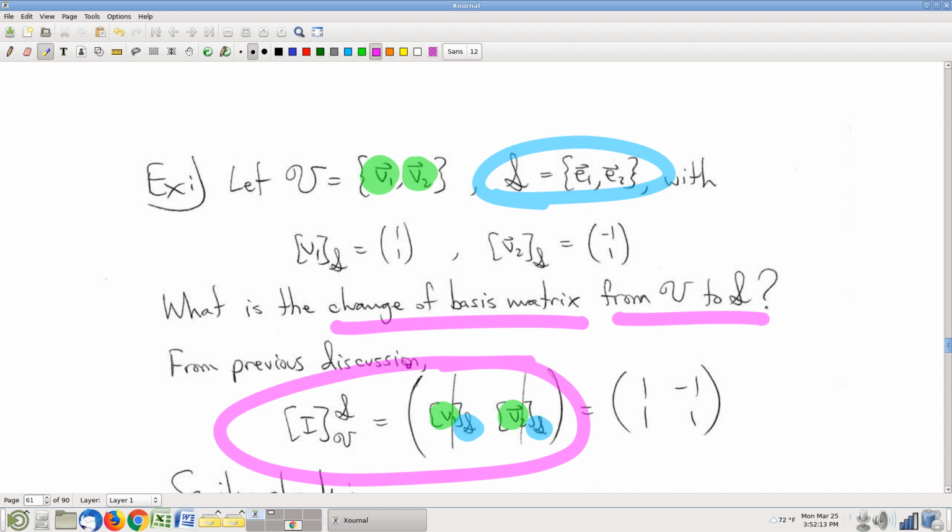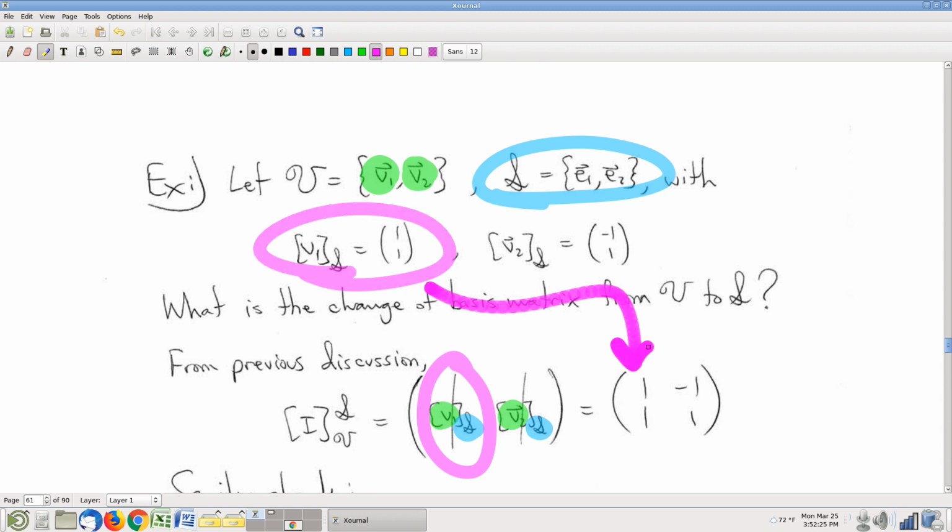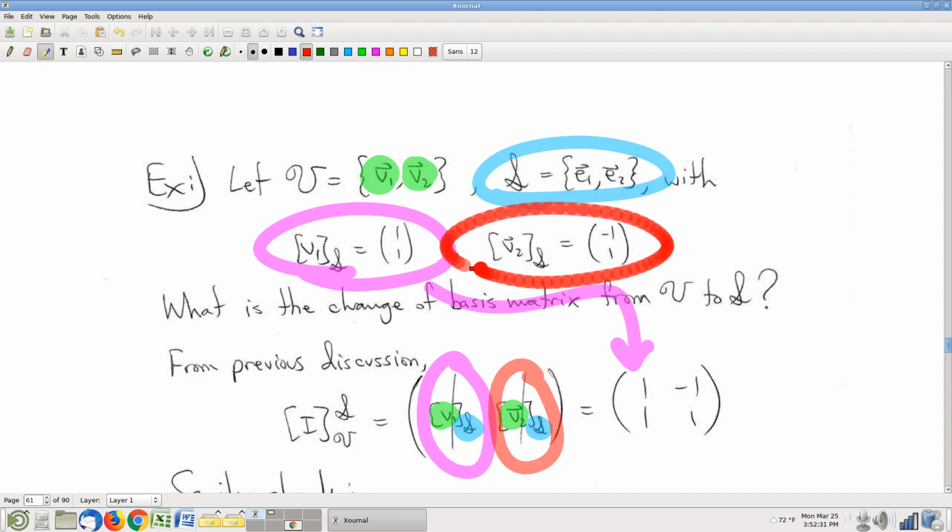And then notice, as it turns out, those were given. Lucky break. Coordinates of V1 with respect to S, those were given. Right, coordinates of V2 with respect to S, as it turns out in this particular very convenient example, those were given.